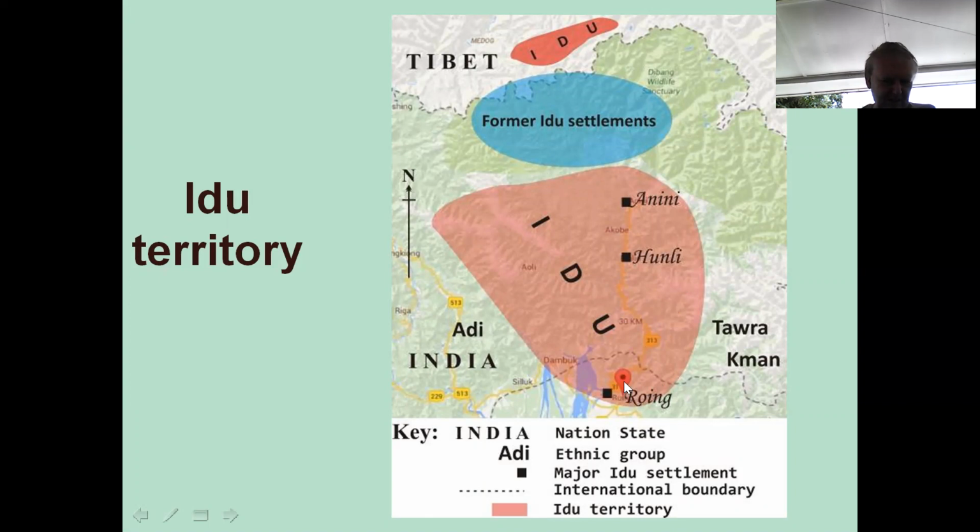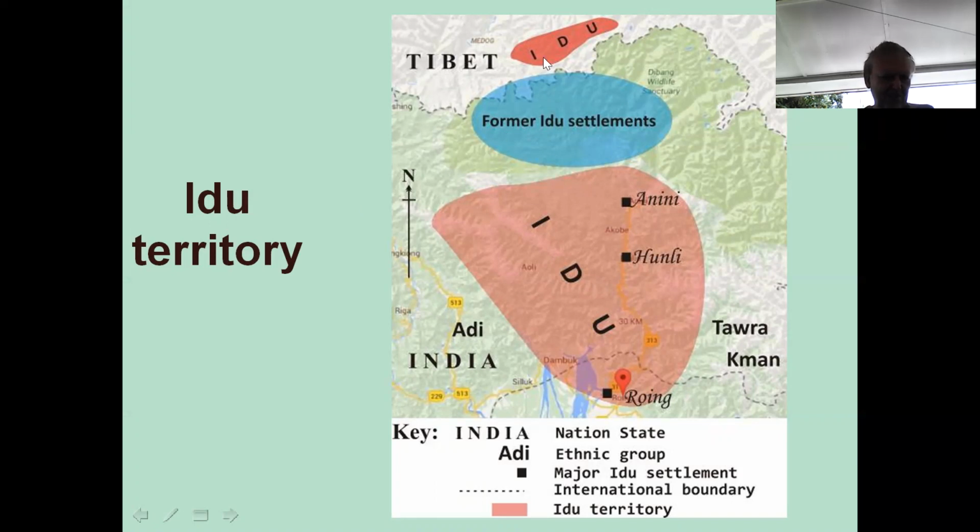So just to give you an idea of Idu territory, this is where the Idu actually live today. Roying is the capital of the Idu, and it's of course on the plains rather than in the mountains. There was a continuous band of Idu settlement into the southern fringes of the Tibetan Plateau. However, the creation of a large national park in this region meant that there was no further Idu settlement.